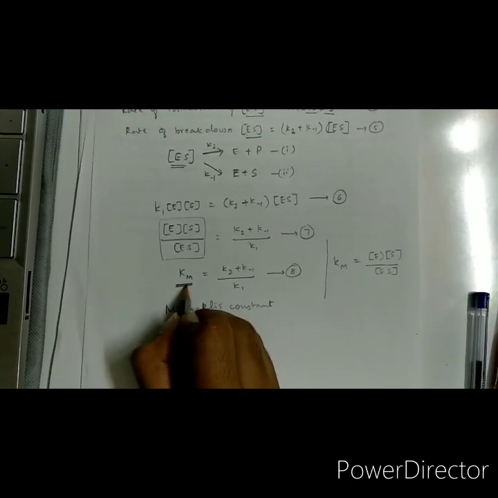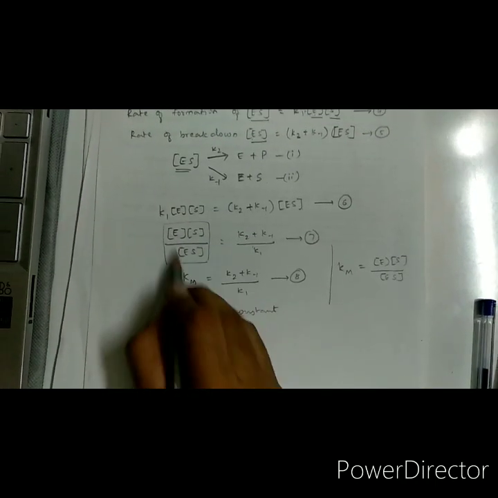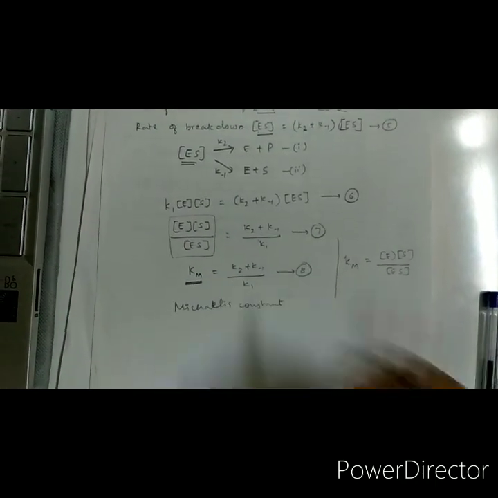Km is defined as the Michaelis constant. The whole term is defined as Km and the remaining equation remains the same.